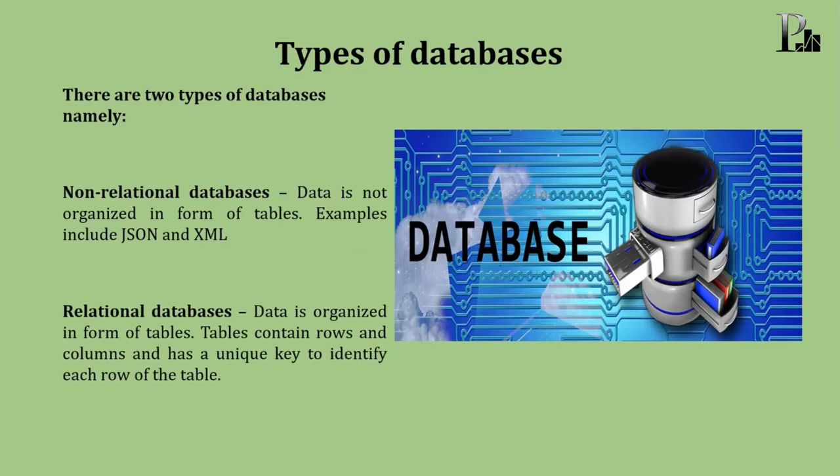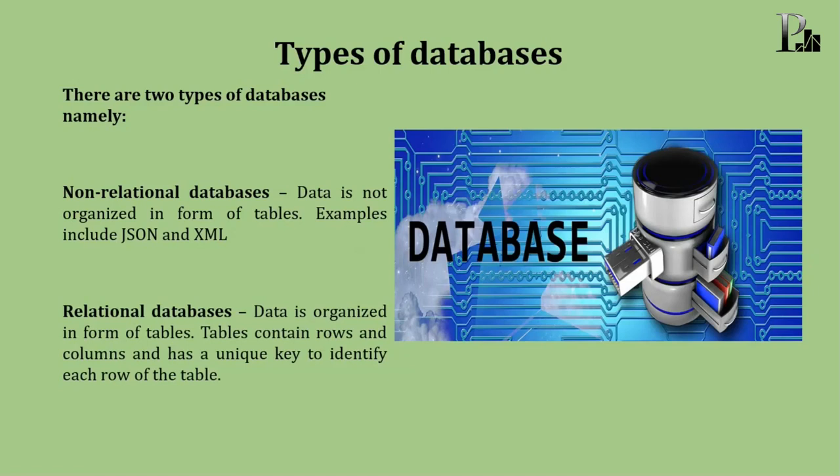For non-relational database, the data no dey organized in form of tables. The data dey stored in form of key and value pairs. And examples of non-relational database na JSON and XML. And we no fit use SQL interact with non-relational database, but we fit use SQL interact with relational database.